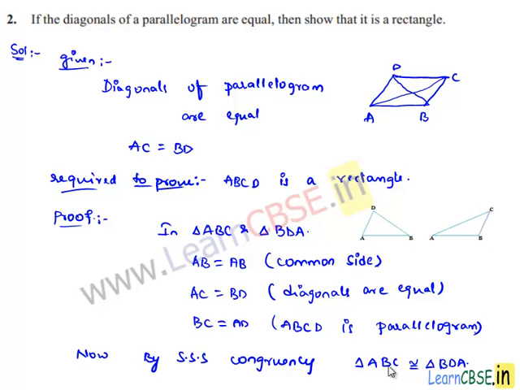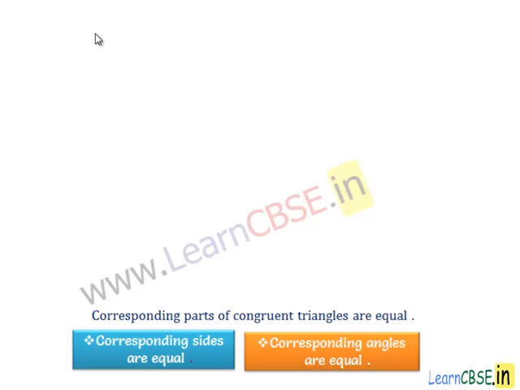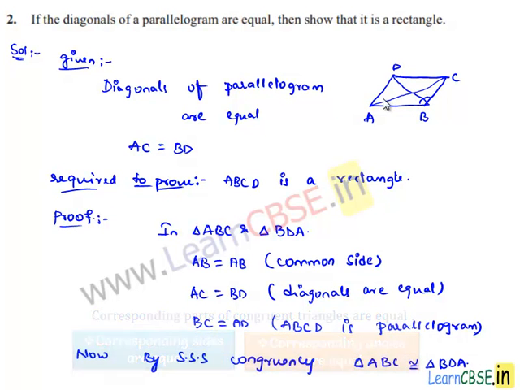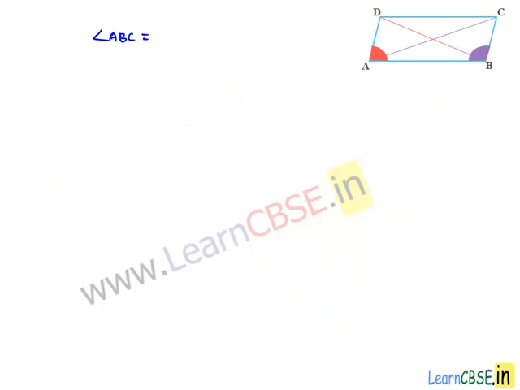Now as triangle ABC is congruent to triangle BDA, we know that when two triangles are congruent, then their corresponding angles and sides will be equal. So here we can equate angle ABC of triangle ABC to angle BAD of triangle BDA.